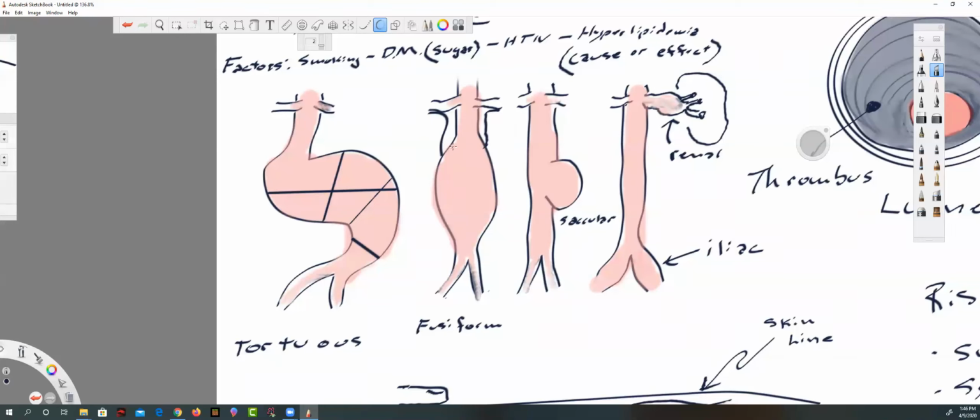Thrombus created here, and so we'll have thrombus along the edges here very often. Of course, this is an artery. Blood flow is in that direction. An embolus breaks off, it's heading down the legs.